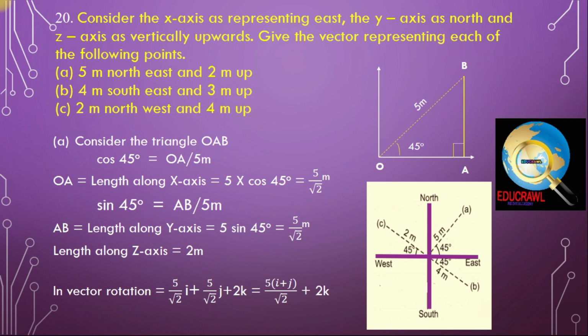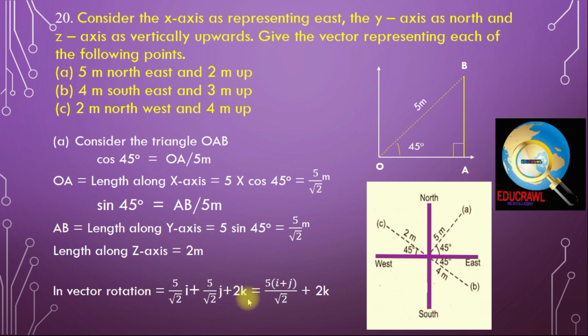It is nothing but i cap, j cap and k cap. So just putting them all together we get in vector notation 5 by root 2 i cap plus 5 by root 2 j cap plus 2 k cap. This is the vector form of the given direction 5 meter northeast and 2 meter up.